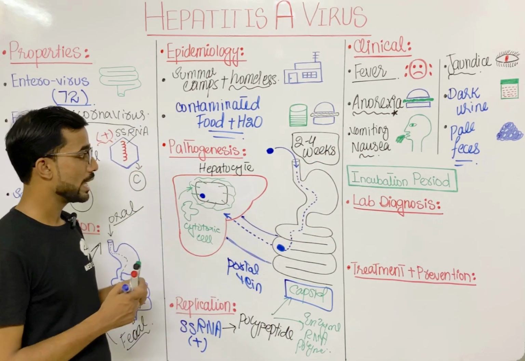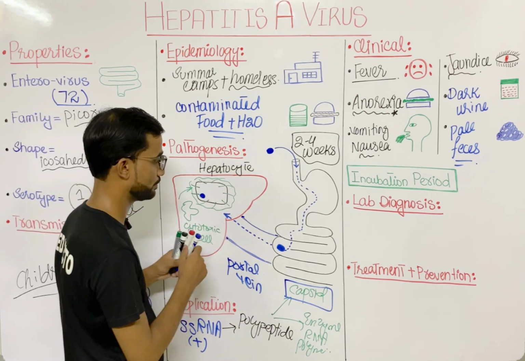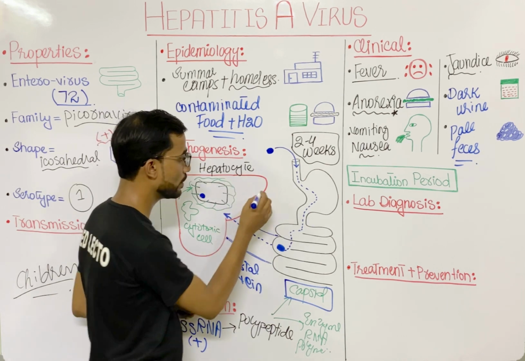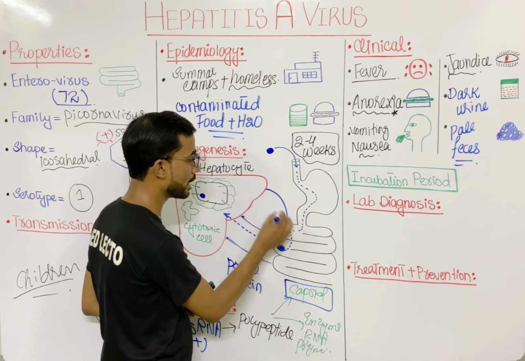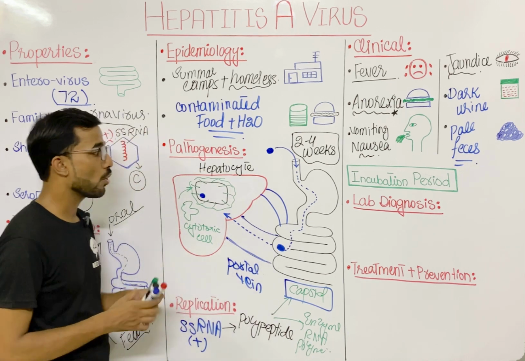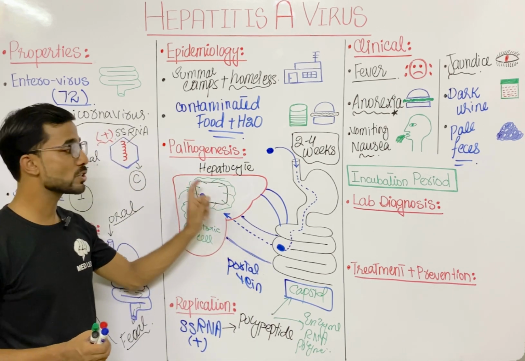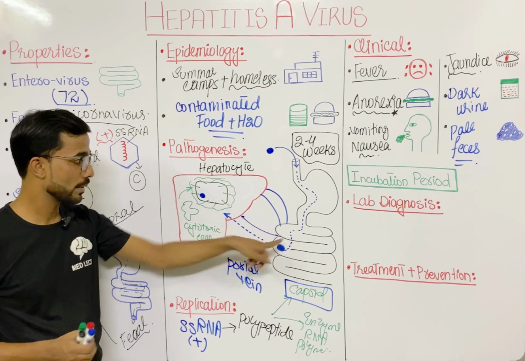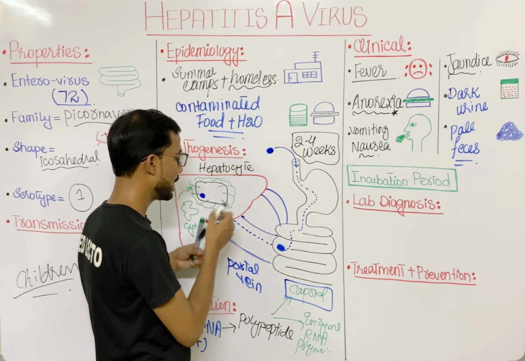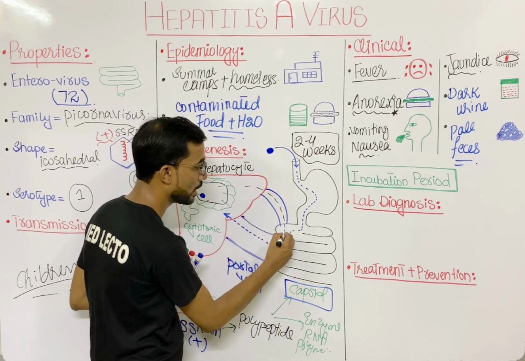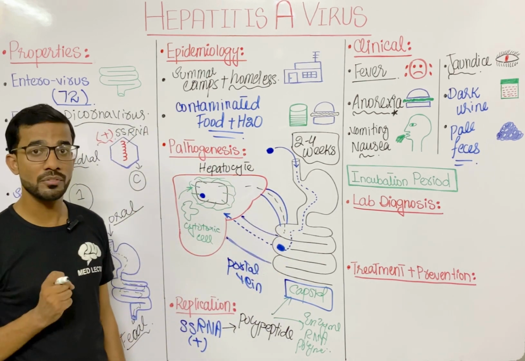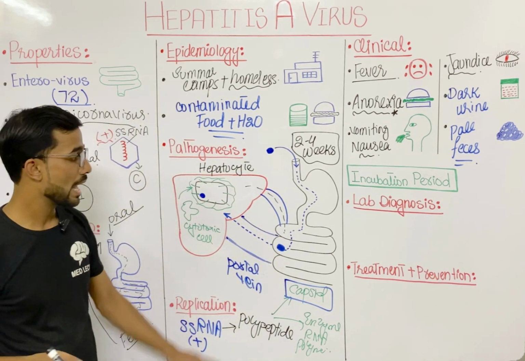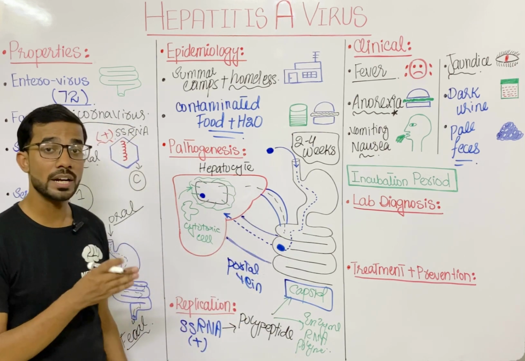Why? Because if you look here, as we know, from the liver you will see the hepatic duct, and that opens into the duodenum. So from the liver, bilirubin is not passing into the duodenum. Bilirubin from the liver is not going down to the duodenum, and ultimately the color of the feces will be pale, and the bilirubin will start accumulating in the blood.